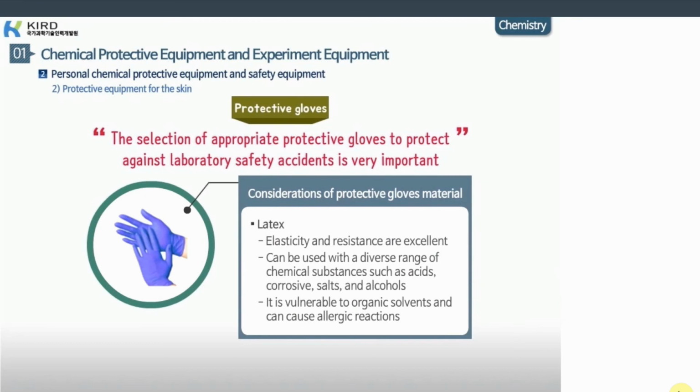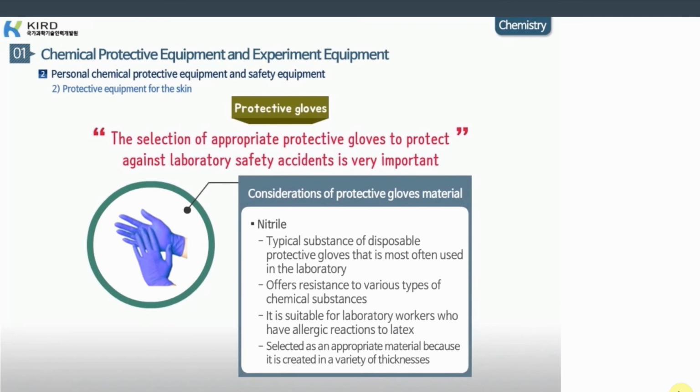For latex, the elasticity and resistance are excellent and can be used with a diverse range of chemical substances, such as acids, corrosives, salts, and alcohol. This material is vulnerable to organic solvents and can cause allergic reactions.